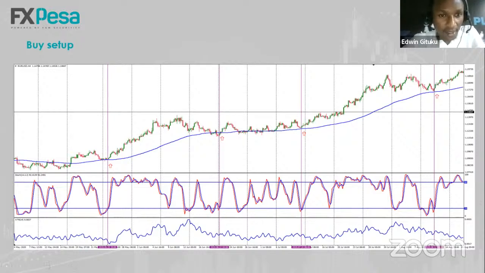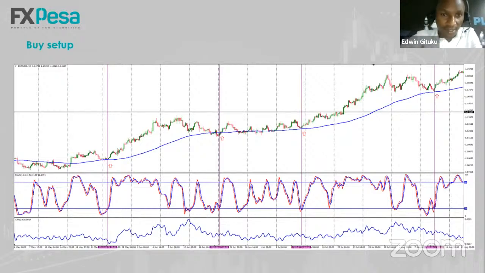So in this case, we have our moving average. We are using a 100 period exponential moving average. And as you will notice, when you have a very strong trend, not only will you be able to know the direction, because one of the things that you need to know as you trade, knowing the direction of the price long-term will give you a leverage, because ideally you're meant to align your decisions with the long-term direction of the price.